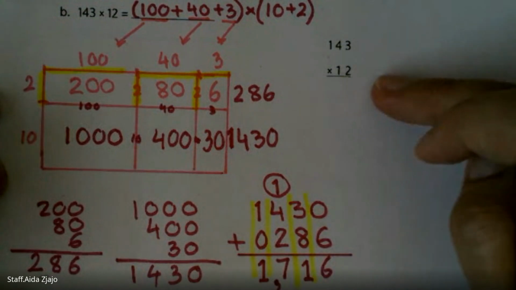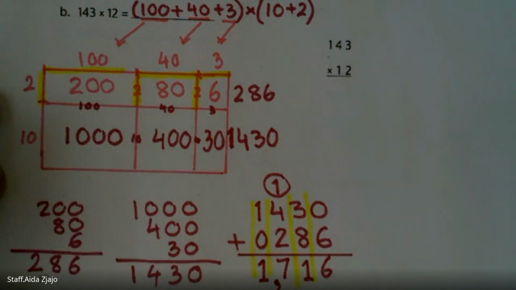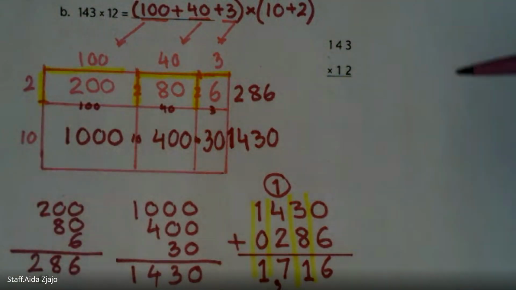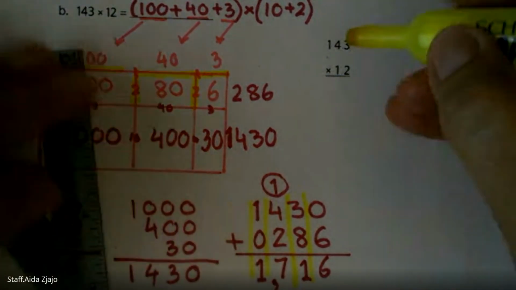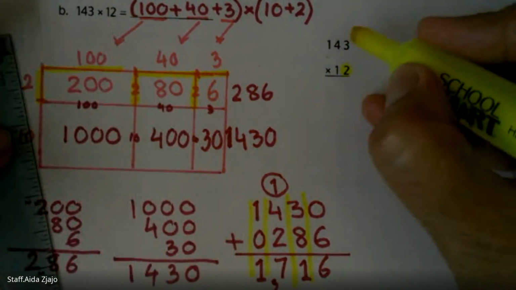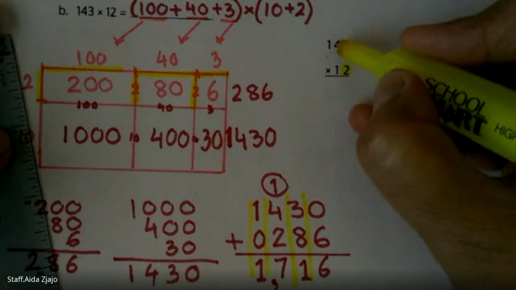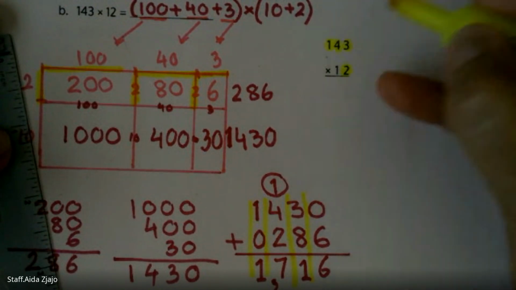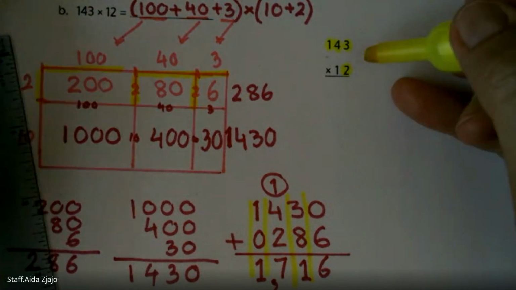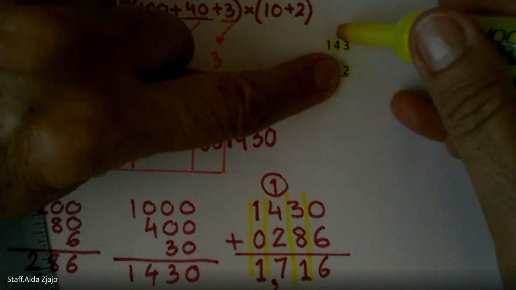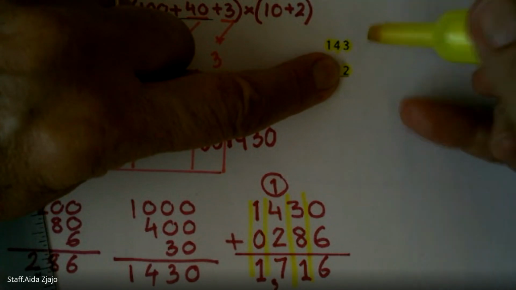Let's check with the standard algorithm. So that means that you're going to do 2 ones times the tens and hundreds. So it's going to be 2 times 143.